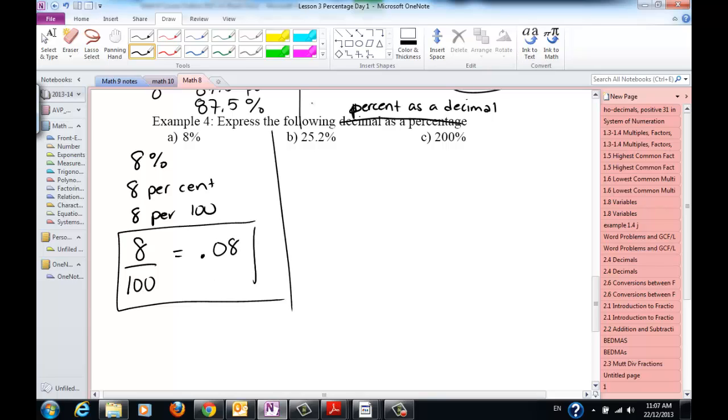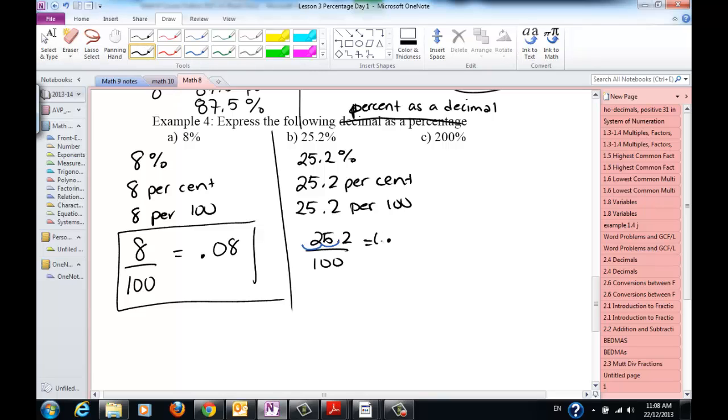Alright, next one. So we have 25.2%, which, remember, cent just means per 100, which is 25.2 per 100. All I'm going to do is move the decimal over 2 places. So here I get the decimal 0.252.